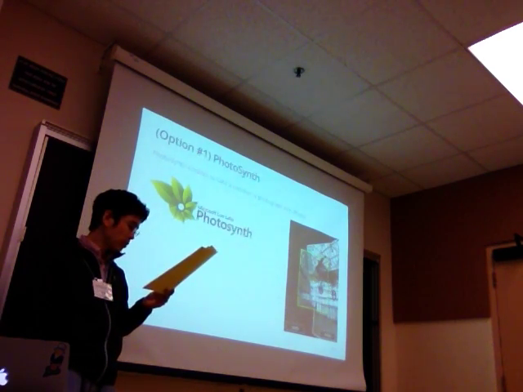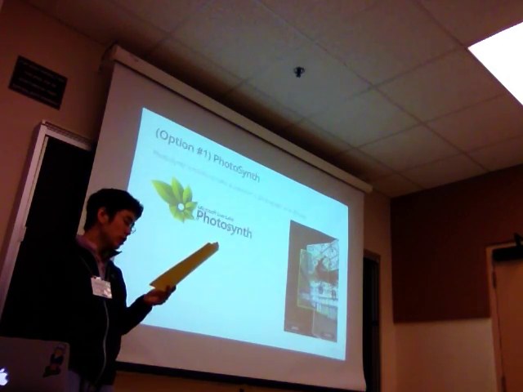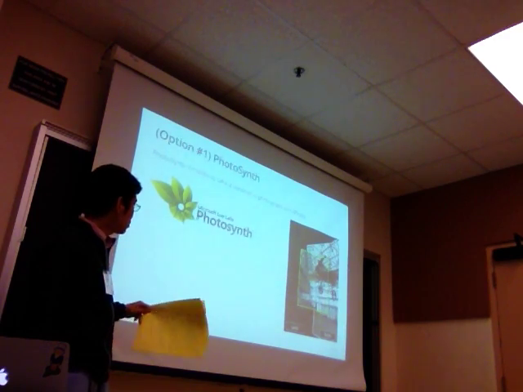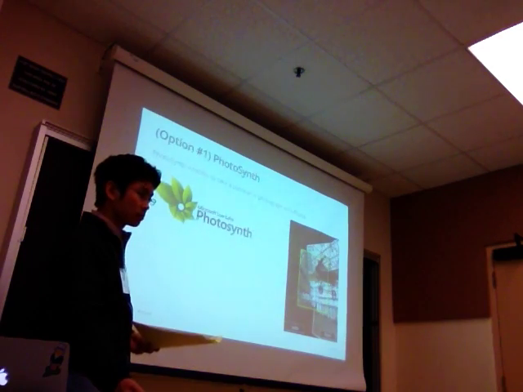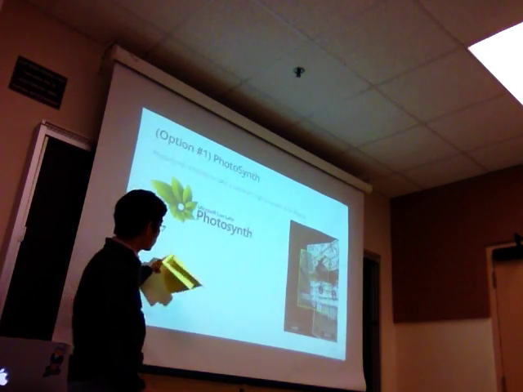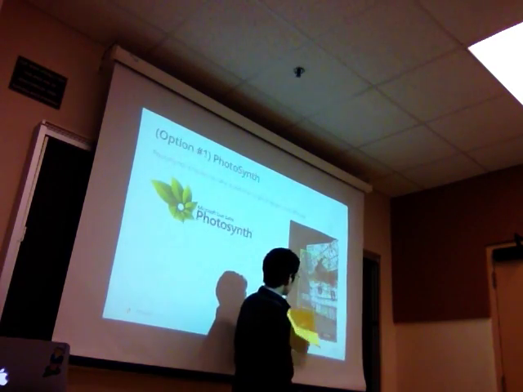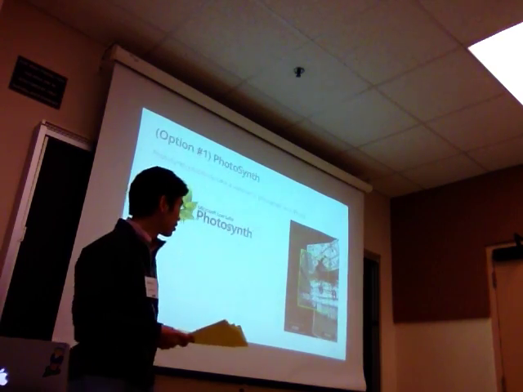So it's free software, and you can get it from the Apple Store. If you use this, you don't need to buy a fisheye lens because Photosynth makes the panorama automatically. It's free software.